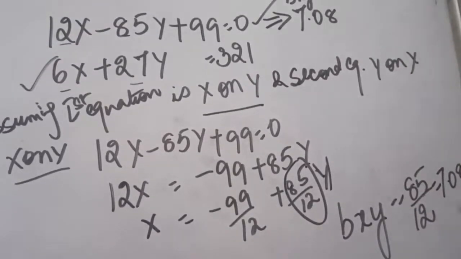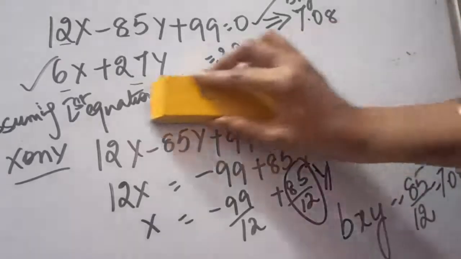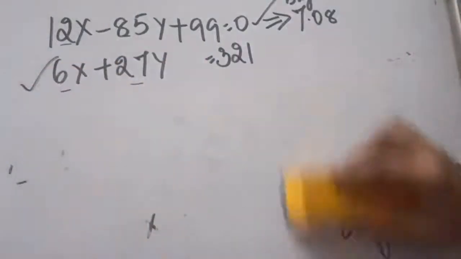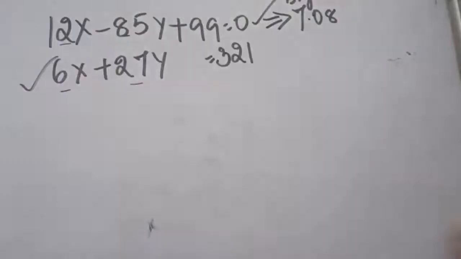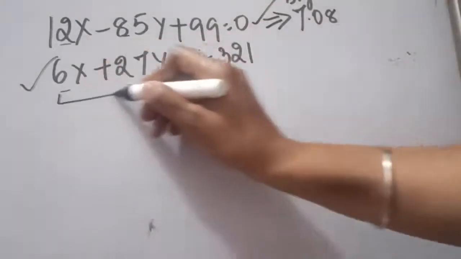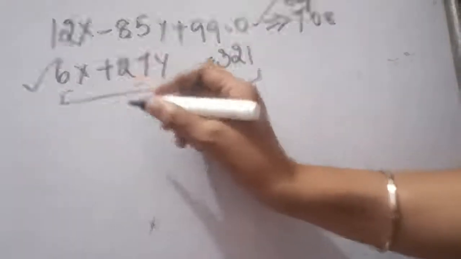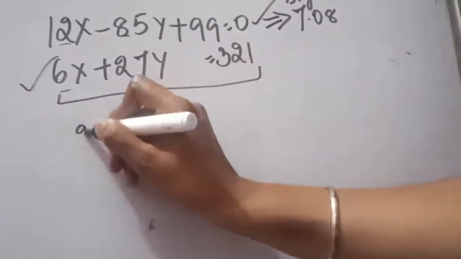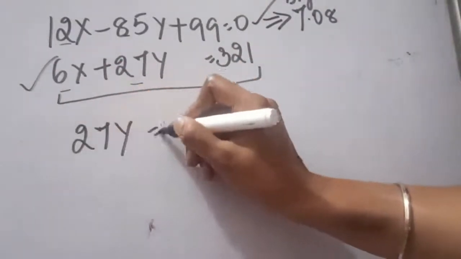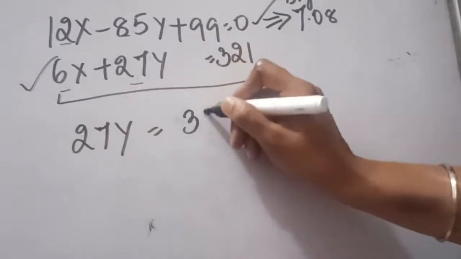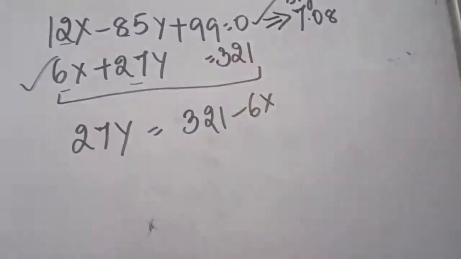Now if this is bxy, I will make use of my second equation. I have assumed this equation to be y on x. If this equation is y on x, it means only y should be left on the left hand side, and everything else should be taken to the right hand side. I have taken minus 6x there.